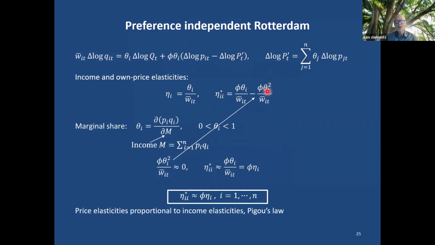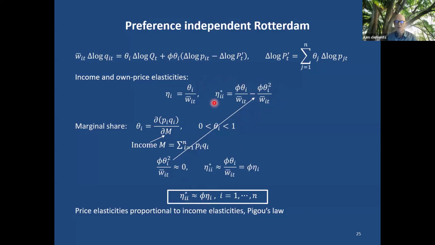Now, this general substitution effect term here involves the marginal share. The marginal share is a positive fraction. So we square a positive fraction and we get a second order term. So we can approximate that by 0 so that the own price elasticity again becomes approximately equal to phi times eta i, the income elasticity.